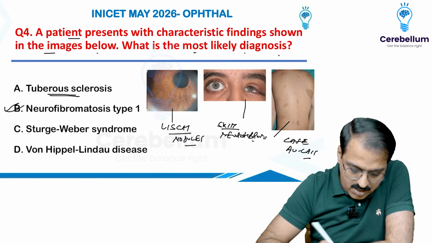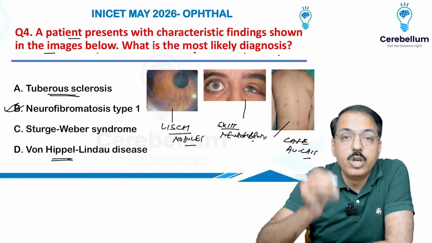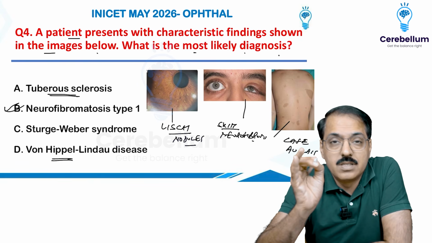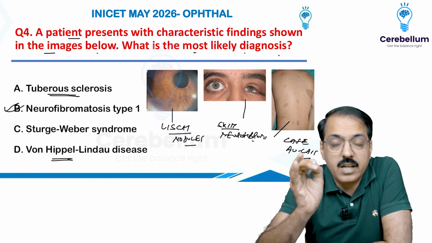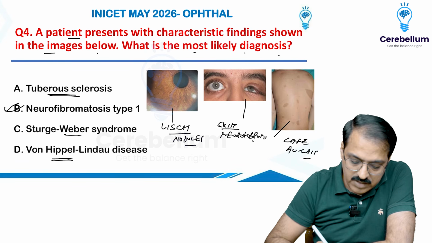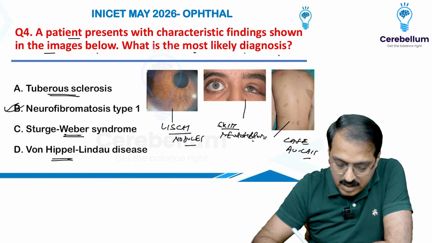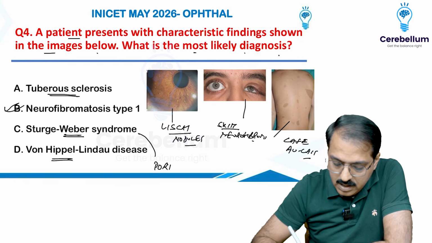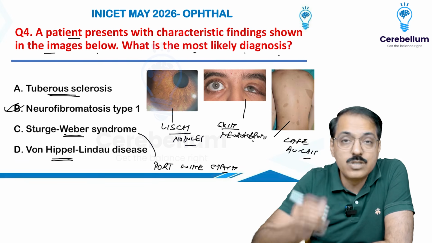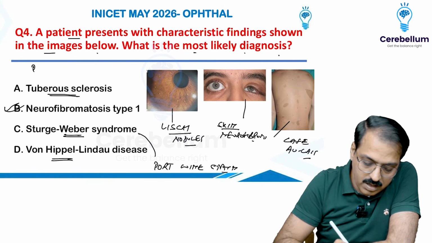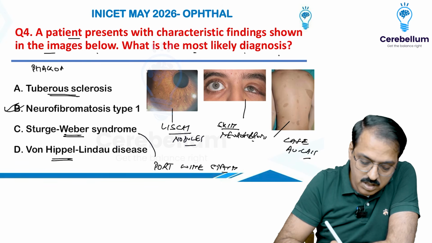In tuberous sclerosis and in von Hippel-Lindau, you get the retinal angiomas. Retinal findings are there. There are no iris findings in these conditions. Okay, and in Sturge-Weber syndrome, the characteristic is the port-wine stain. These diseases all come under the diagnosis of phakomatoses.